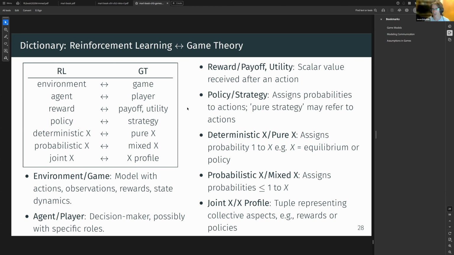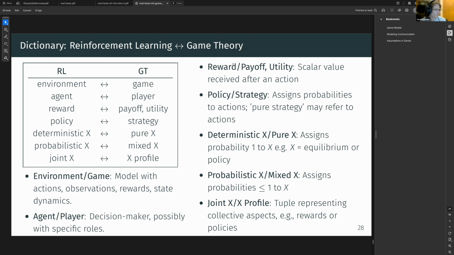But finally, if anyone here is more familiar with game theory, there is this little glossary, which just compares the terminology. This book, and how we will discuss this topic, will use the reinforcement learning terminology, where we talk about agents, rewards, and policies, rather than players, utilities, and strategies.